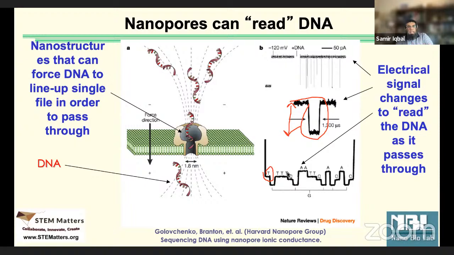And lots of work has been done to get there, but ultimately this is what has been achieved, that possibly we can read a single base as it goes through. I said possibly because there is still debate whether we are looking at a single base or the effect of multiple bases going through, just because the bases are so close to each other. G and C and A and T in a long chain, what's the distance from base to base?